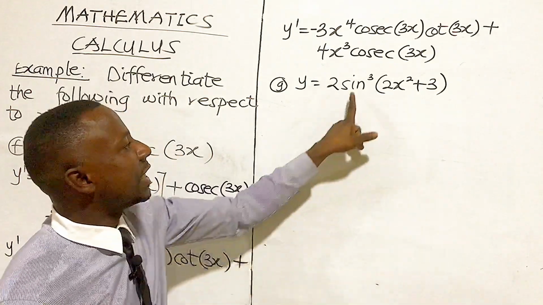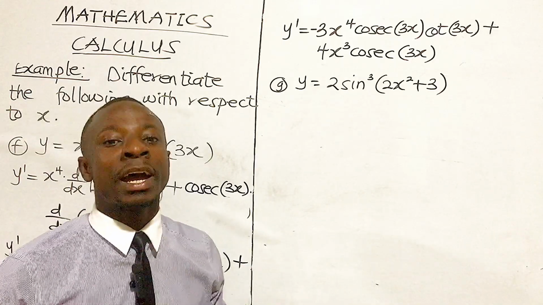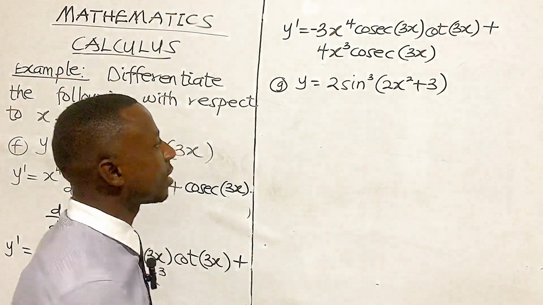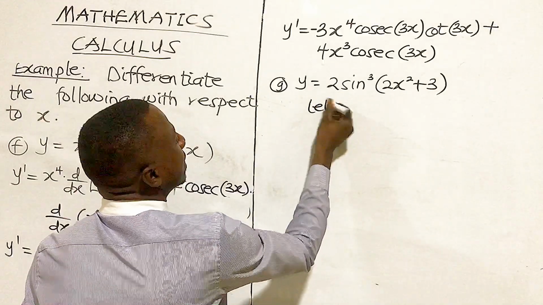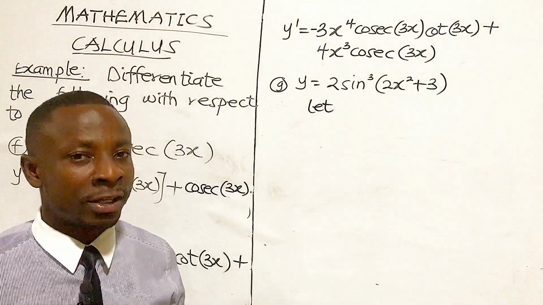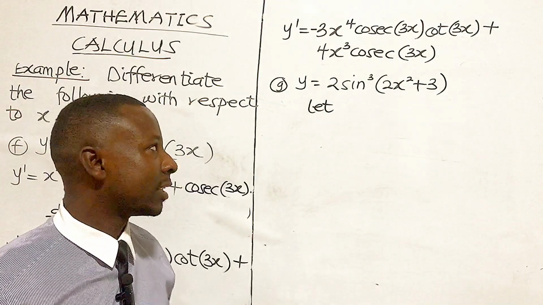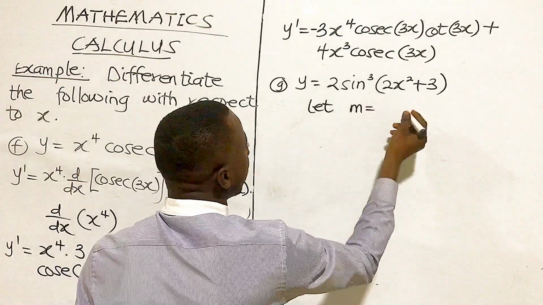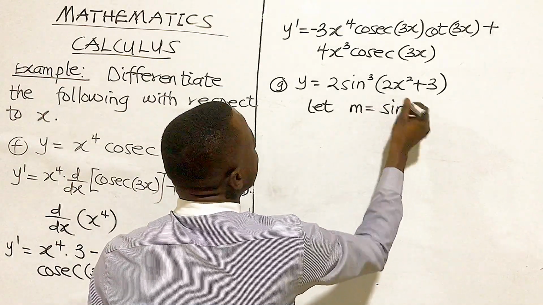Over here, the sine is carrying an exponent, so we need to make a substitution. We are going to let any variable of our choice represent sine. So we will let m be equal to sine of 2x squared plus 3.